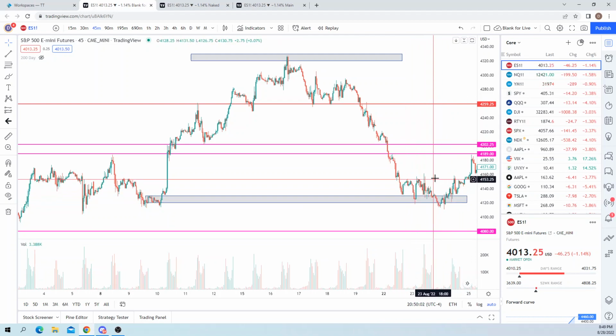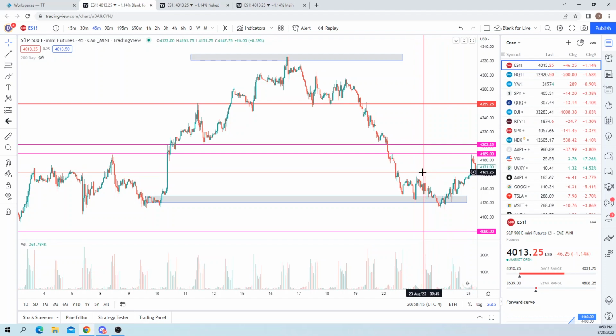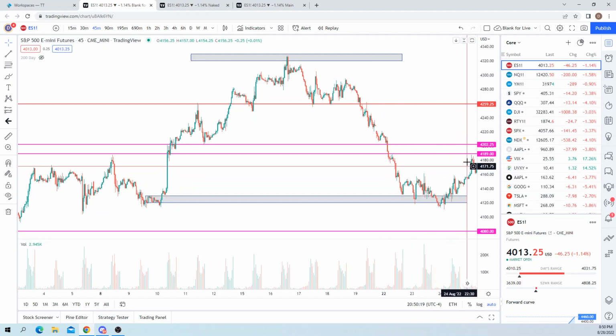That's exactly where I wanted to see price bounce and then make its way up towards the 4,200 region. So this plan was working out flawlessly. And I wasn't necessarily interested in taking this long position up. I more so wanted to see a retest of the 4,200 area and then get short.